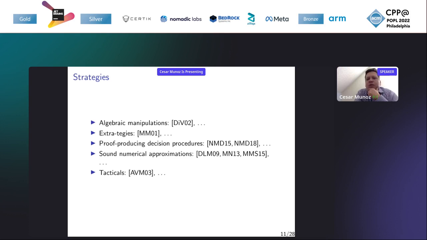But then we moved into more sophisticated strategies, producing decision procedures, for example, and sound numerical approximation. So it is good to have something like multitasking, but at some point you need actual proof-producing verification that is sound for some property that we are trying to prove, and we have developed several strategies for doing that.